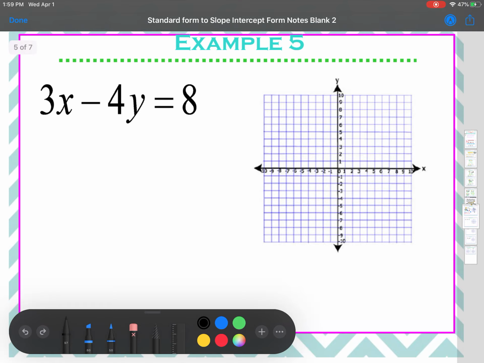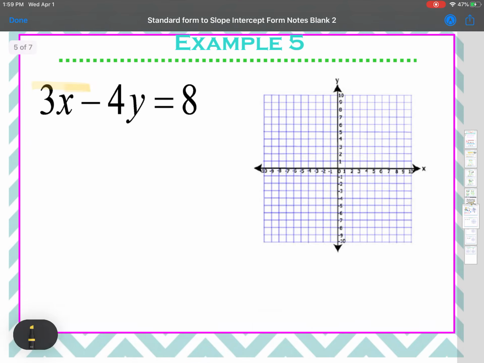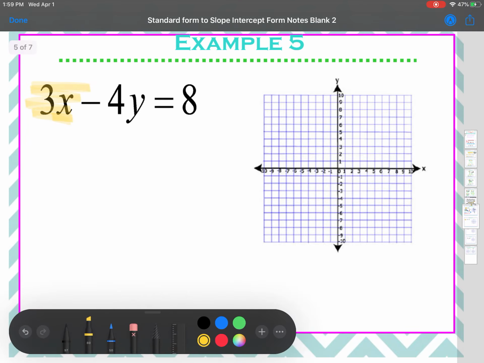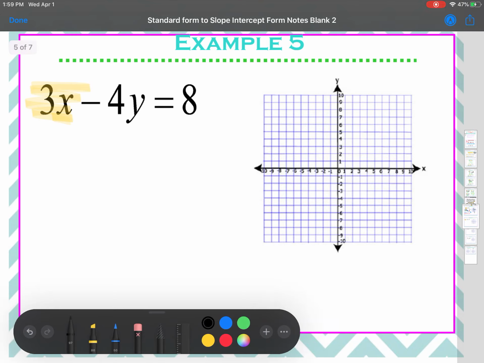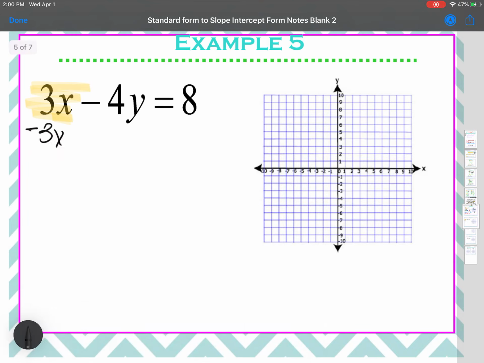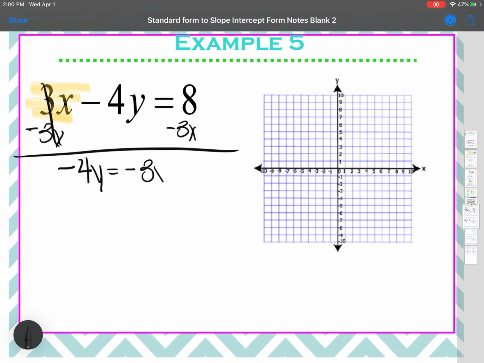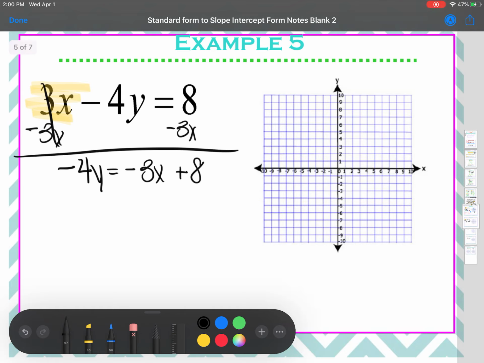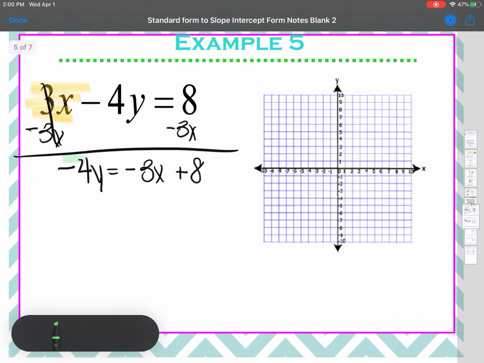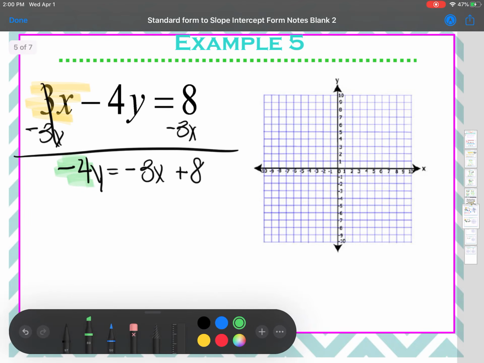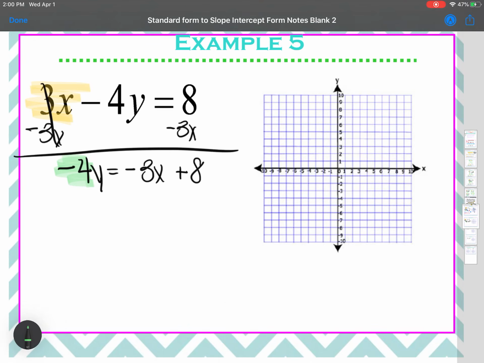Okay, to start, again, I have to move my x term. So I'm going to subtract 3x. Minus 3x. So now I have negative 4y equals negative 3x plus 8. Now I have something connected to my y, so I'm going to divide by it.